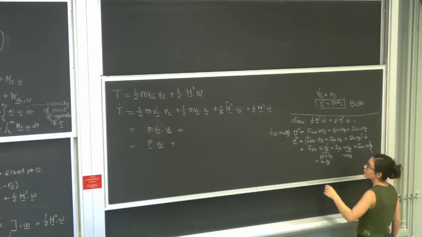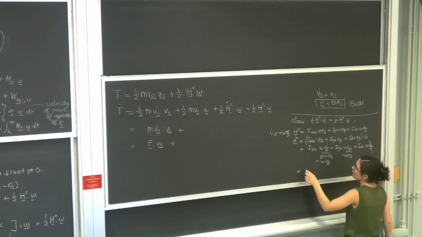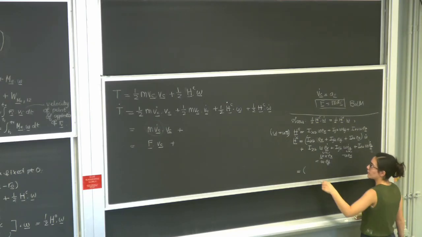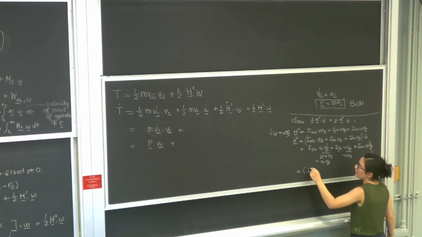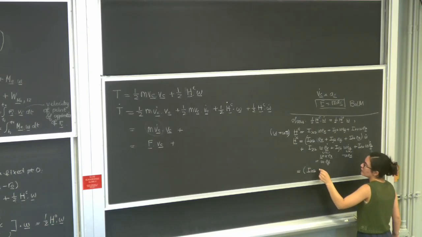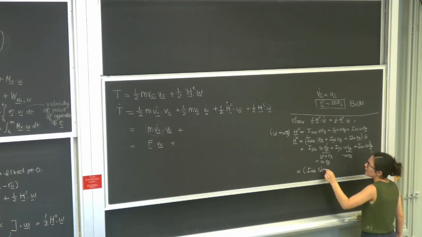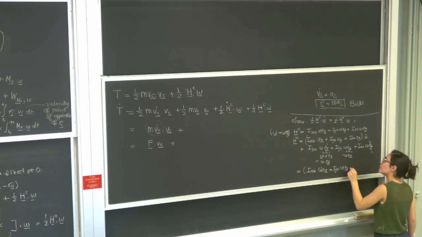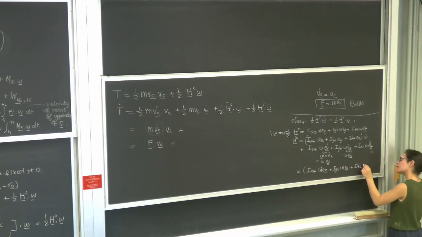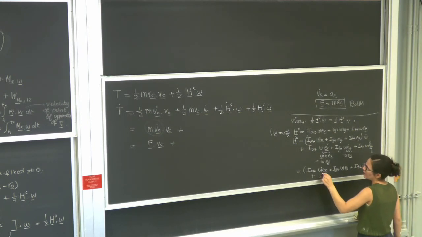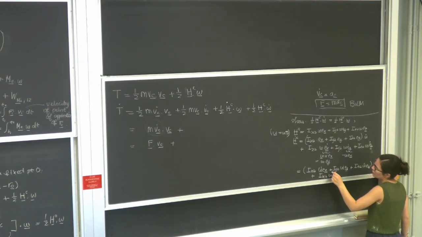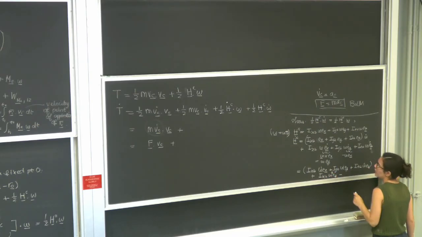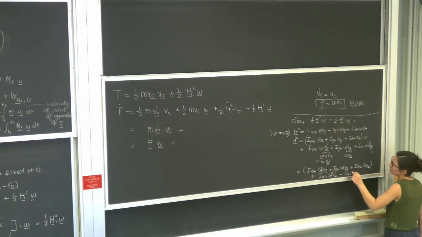So I have that H dot C is I_xc omega dot e_x plus I_yz omega dot e_y plus I_zz omega dot e_z, plus I_xz omega squared e_y minus I_yz omega squared e_x.